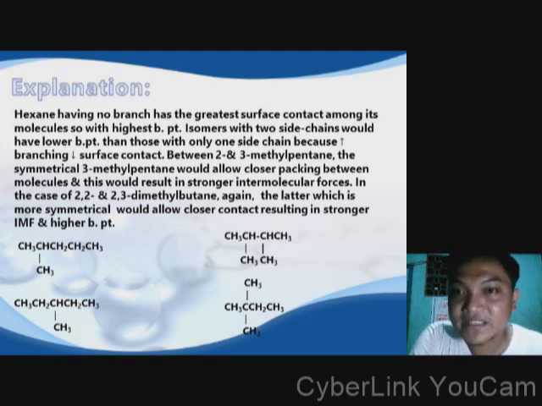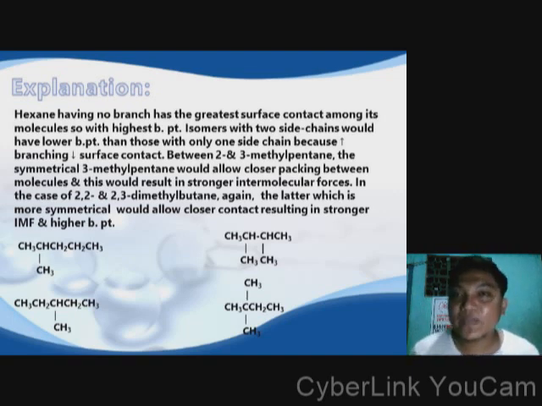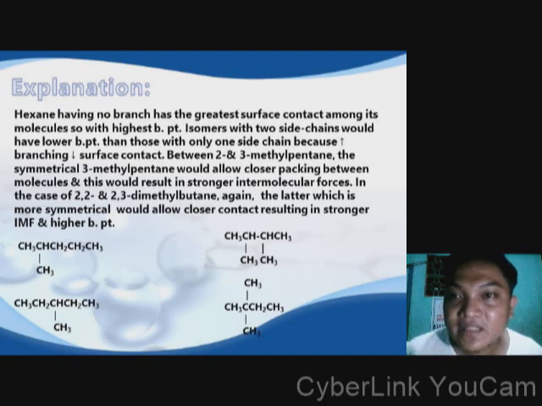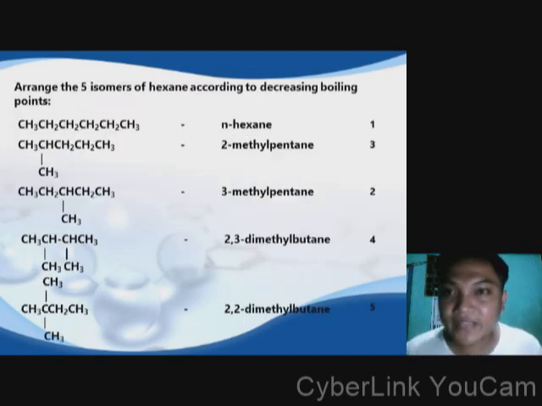Okay? Did you get that? So, ulitin ko, between 2 and 3-methylpentane, the symmetrical 3-methylpentane would allow closer packing between molecules. Tingnan natin. Yan.